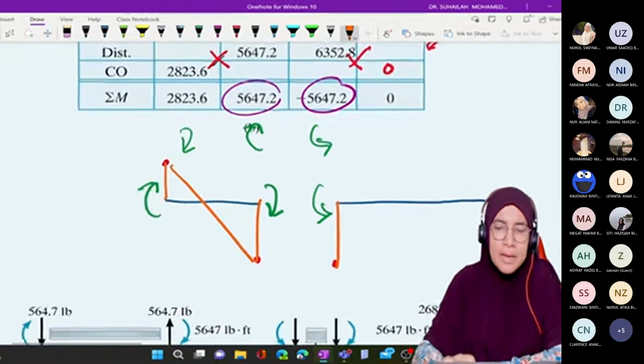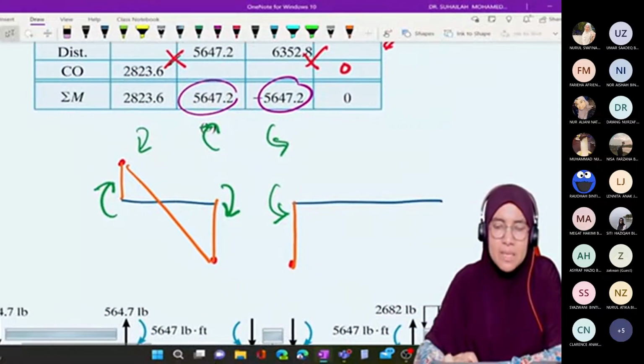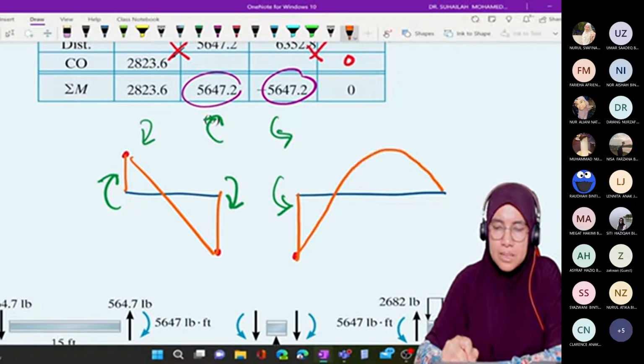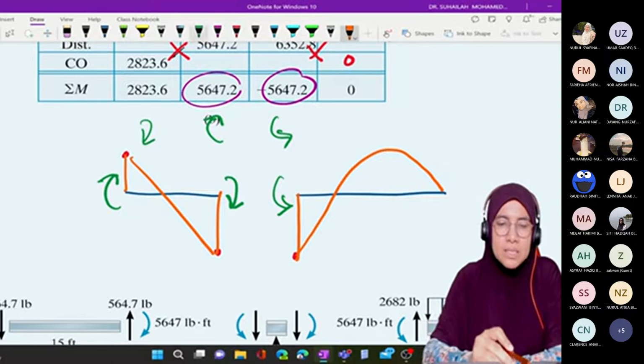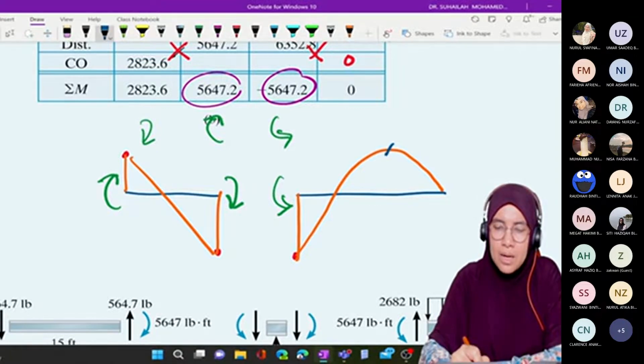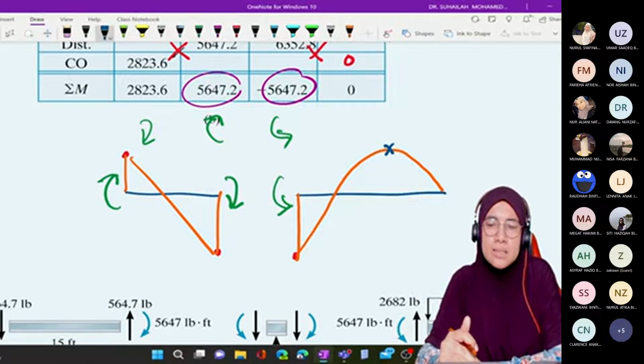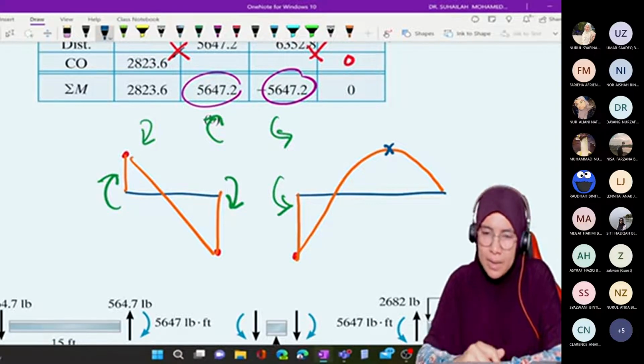Okay, and then UDL, right? UDL means we may have something like this. Okay, we get this. We will confirm this has the maximum moment from the shear force diagram.